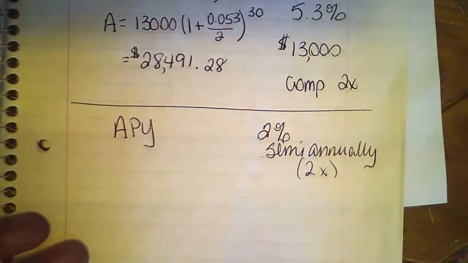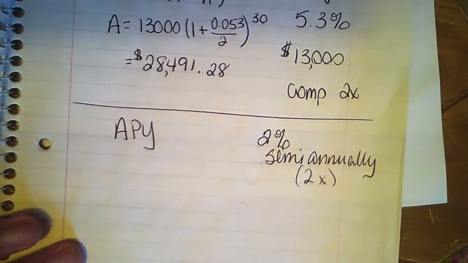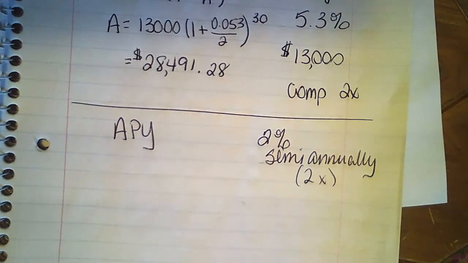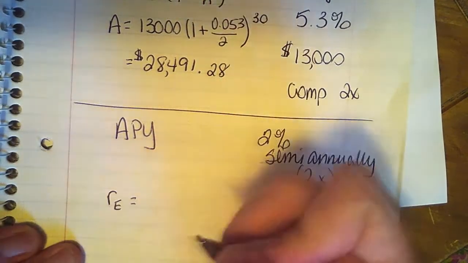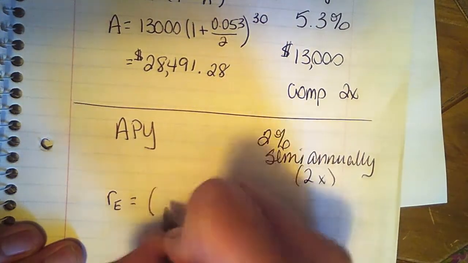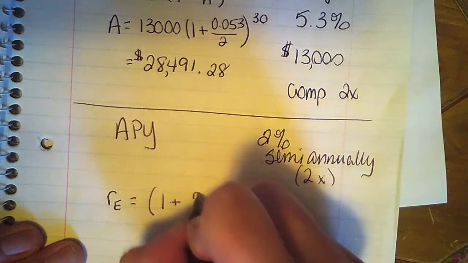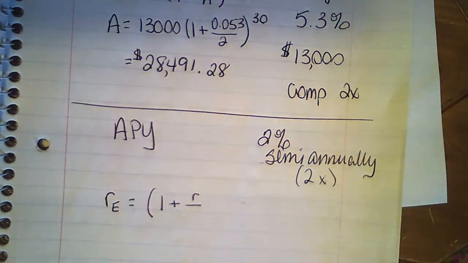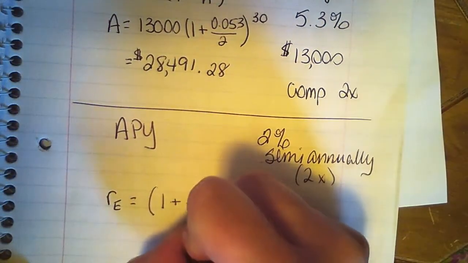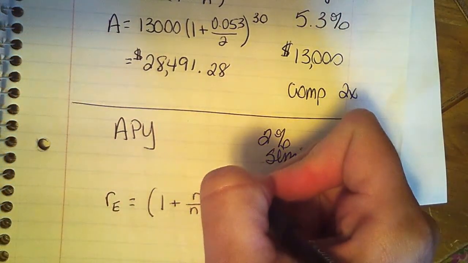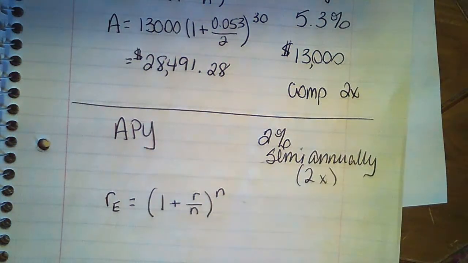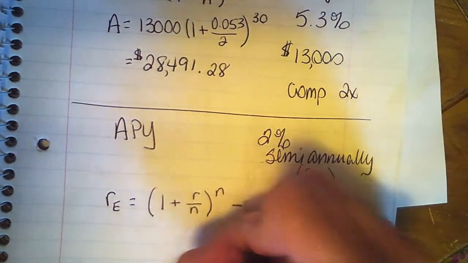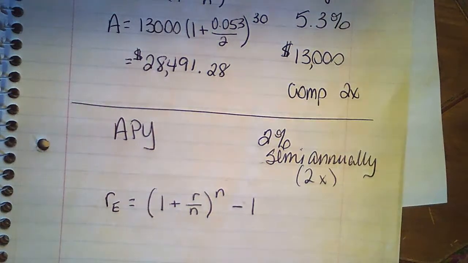All right. So what do I know? I know that the effective rate, which is what I'm trying to find, the APY, is the effective rate. The effective rate is the exact same thing as 1 plus my rate over the number of times you compound per year, so that's R over N, raised to the number of times you compound per year, and then we're going to subtract 1 off of that.